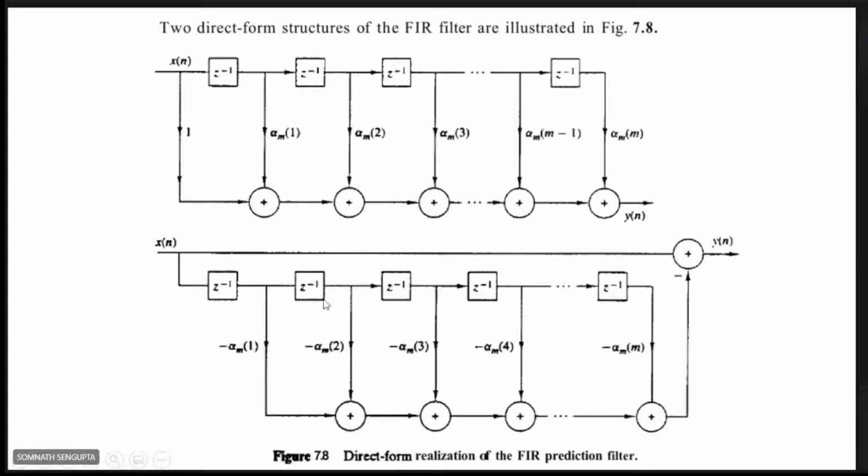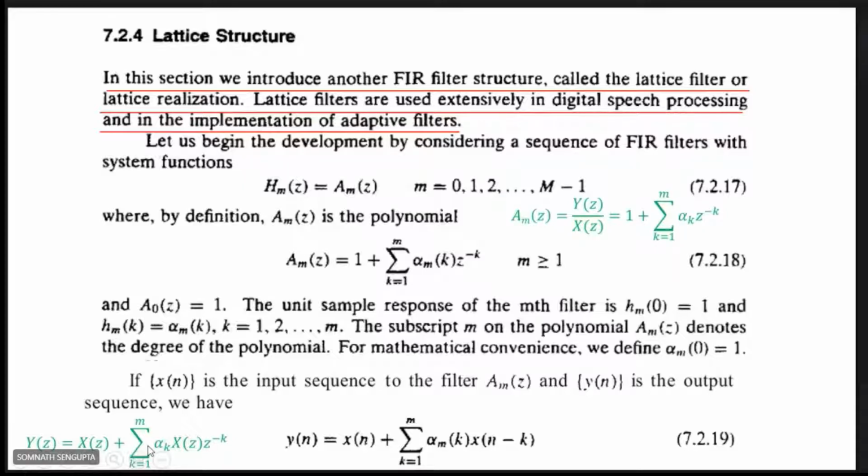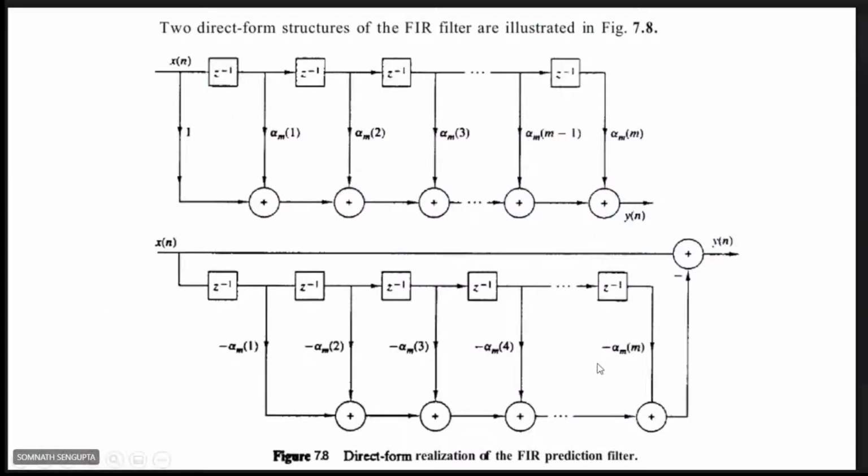Now this structure is used for a prediction filter, but for our purpose we just keep the signs negative here. With the subtraction, minus minus becomes plus, so all are added. So indeed it is the output sequence y of n, but it can be compared with an FIR prediction filter.